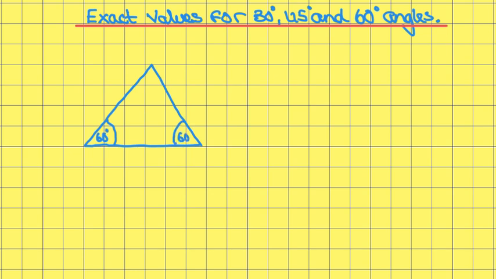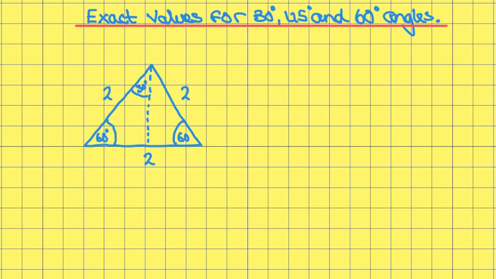So I'm going to drop a perpendicular bisector down from the top vertex, and that will cut the triangle in two. So these original triangles had sides 2 units. So now I've got an angle of 30 degrees there.